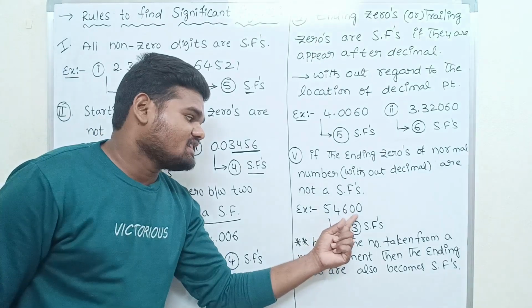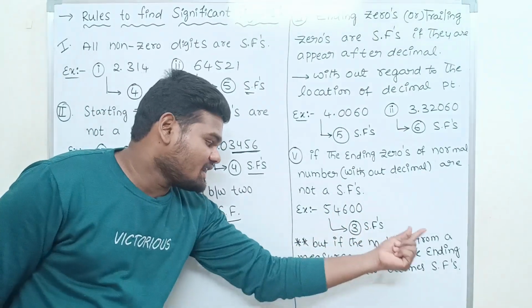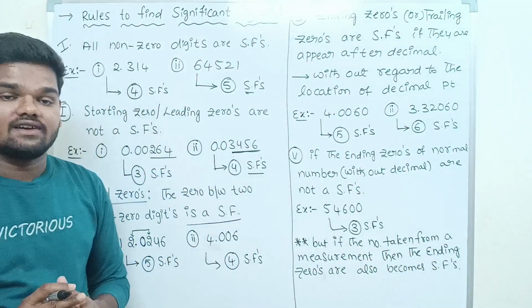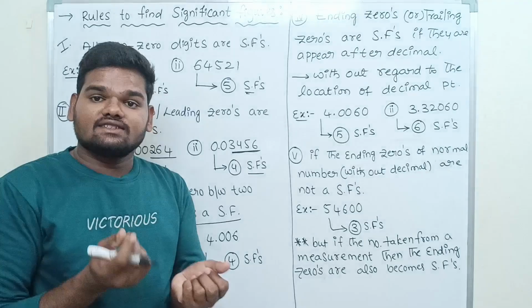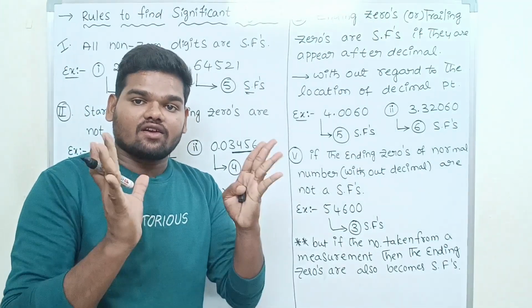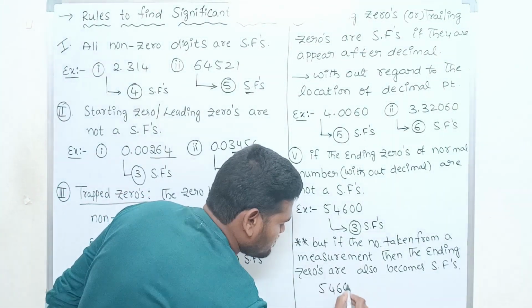But here these two are not significant figures. But if the number is taken from any measurement, then the ending zeros become significant figures. Any measurement means, say, I just find the weight of a rock. So the weight of the rock I got is 54600 kgs.